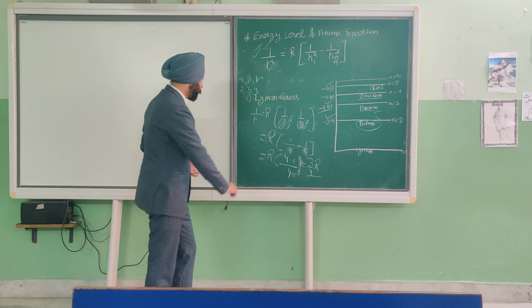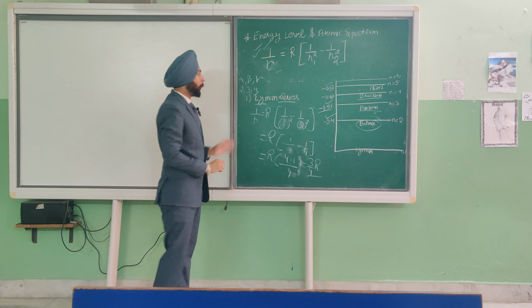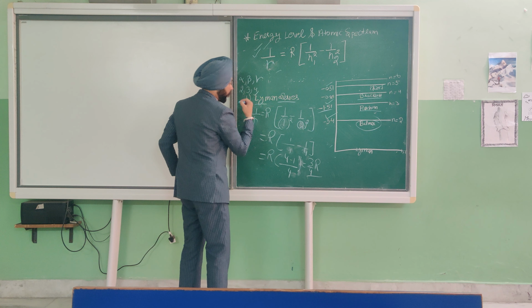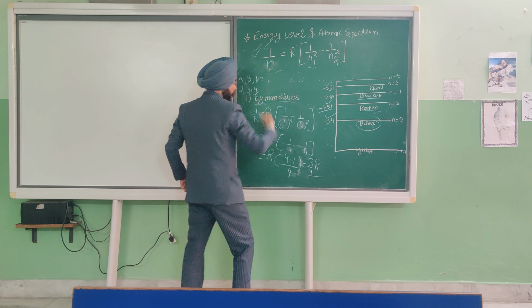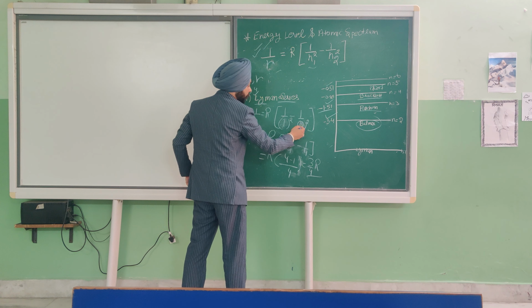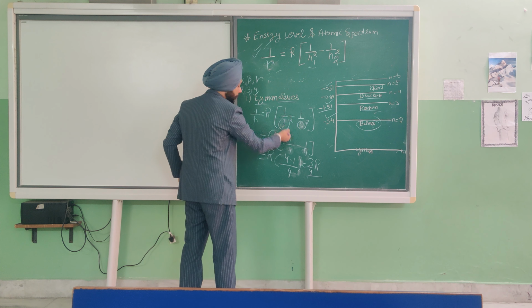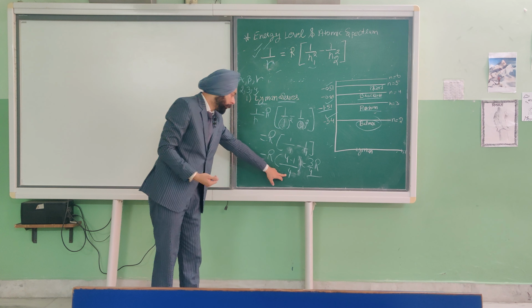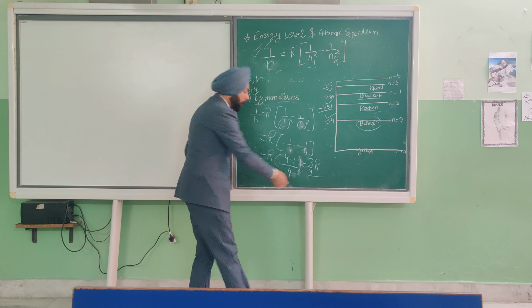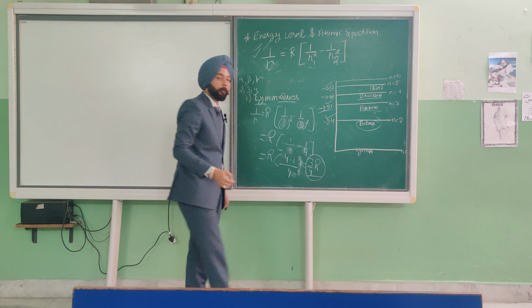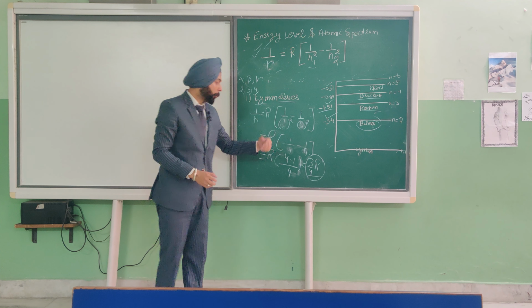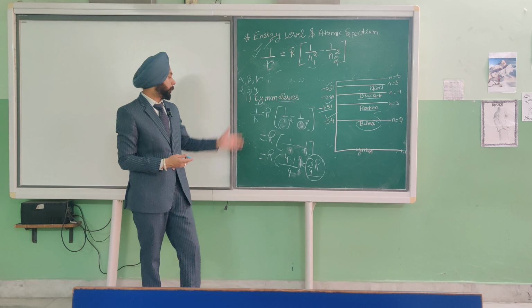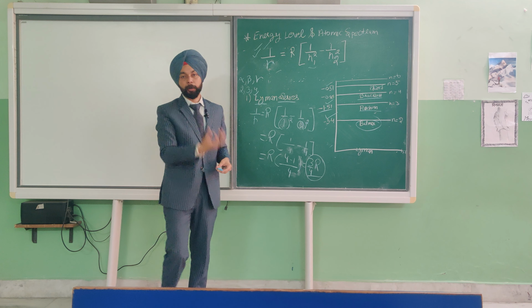Take the Lyman series: according to that formula, 1 upon lambda is equal to R into 1 upon 1 square minus 1 upon 2 square, which is 1 minus 1 upon 4. When we take the LCM, it is 4 minus 1, so the value is 3 upon 4 into R. When you put the value of R, you find 1 upon lambda, and so the lambda value.